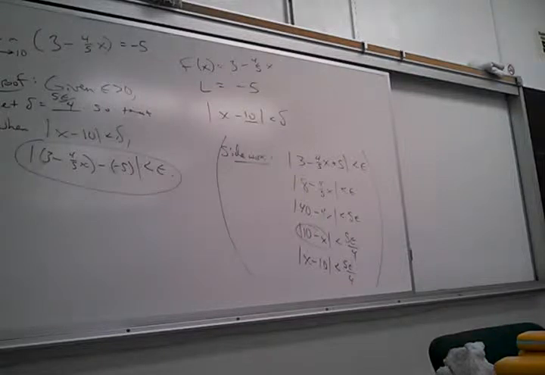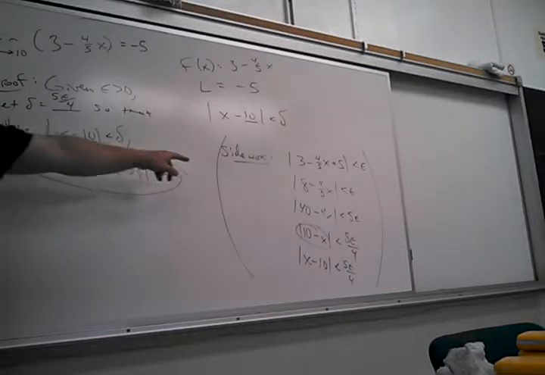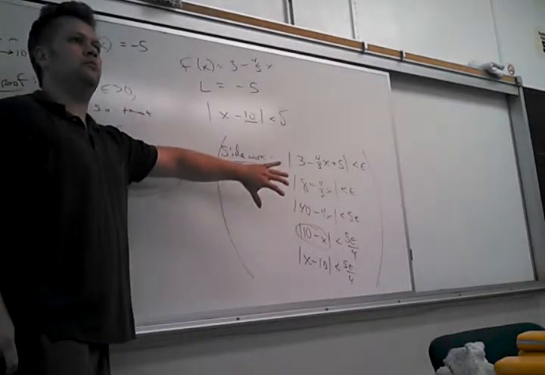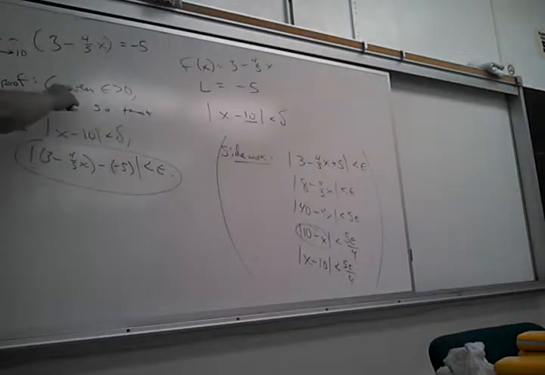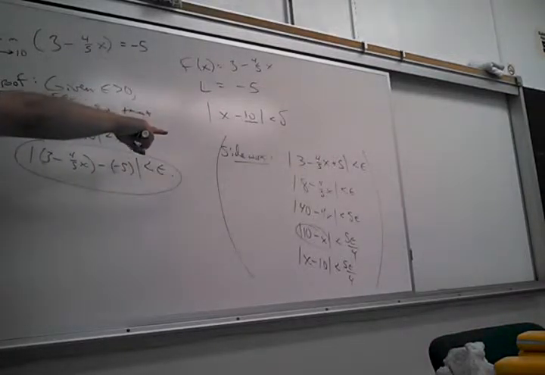Yeah. What are they expecting you to do to find the delta if you're not supposed to do the side work? No. You have to. It's just that this is not part of the proof. The proof says, given epsilon, let delta equal something. Okay, I can't even start the proof off until I know what delta is supposed to be.